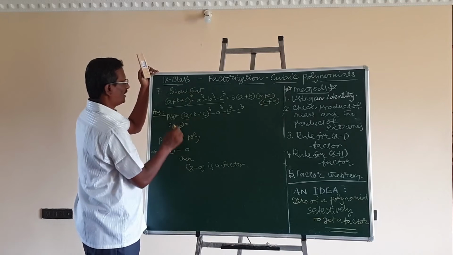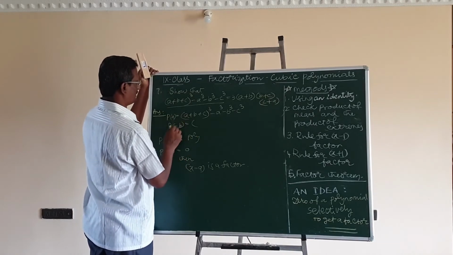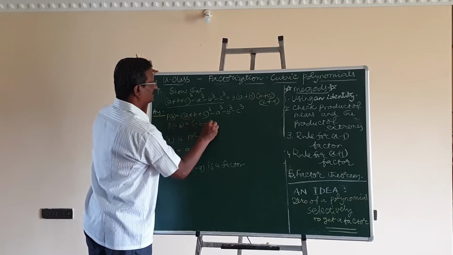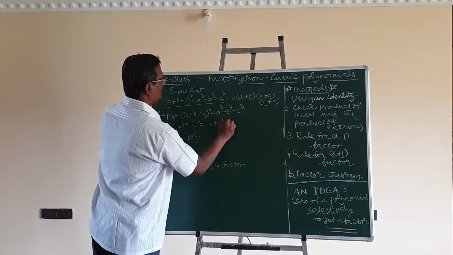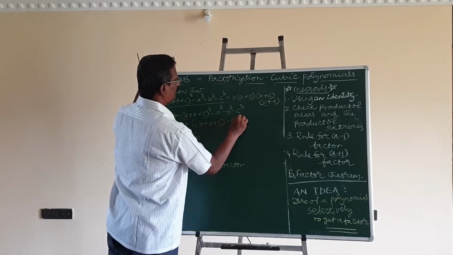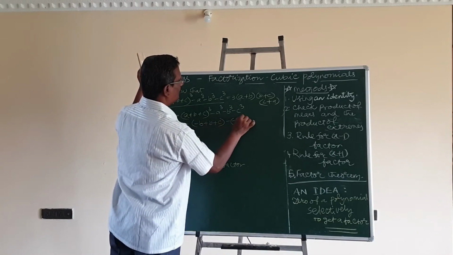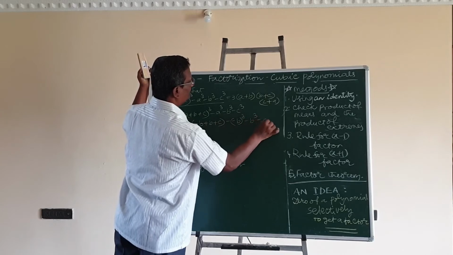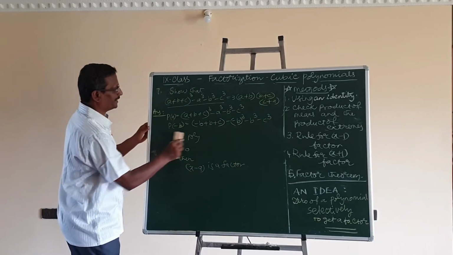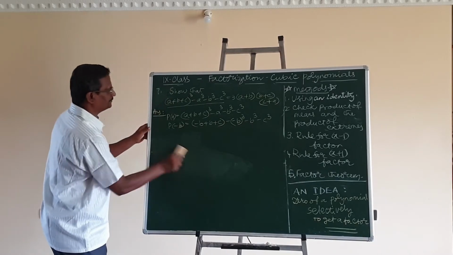That means in place of a, we go on substituting minus b. This plus b as it is, c as it is. Minus, in place of a, minus b whole cube, minus b cube, minus c cube. So successfully we have substituted minus b in place of a.